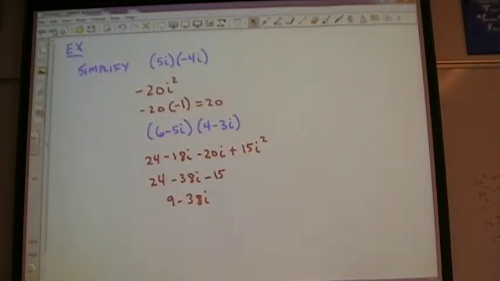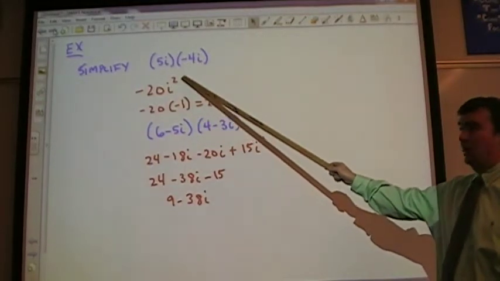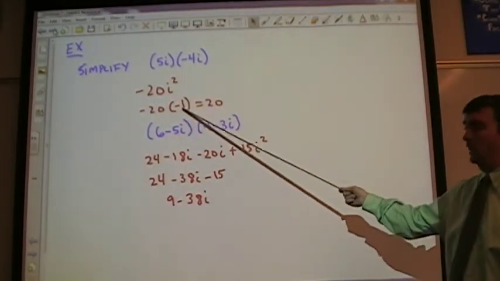Next example, multiplication. Simplify 5i times -4i. Multiply the coefficients. 5 times -4 is -20. i times i is i squared. Everybody understand that first step? We know from when we did the first part of this section that i squared is the same thing as -1.